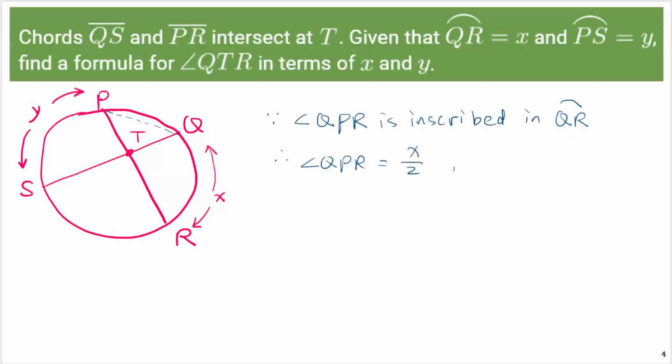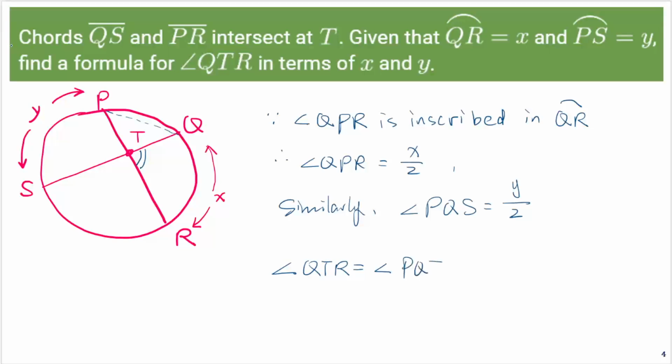Similarly, we also have angle PQS equals a half of y, right? And angle QTR is actually the exterior angle of triangle PQT, right? That means we have angle QTR equals angle PQT plus angle QPT, which is (x plus y) over 2. Did you get it?